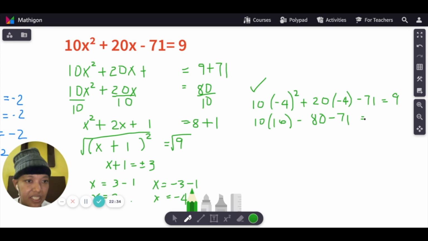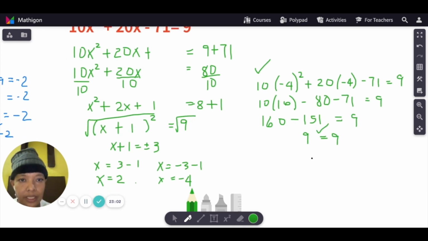So, dyan pa lang kitang-kita nyo na 151 yan. So, 160 minus 151, diba? Negative 80 minus 71 is negative 151. So, when you perform the operation, 160 minus 151, this is 9. Okay, so we are right.